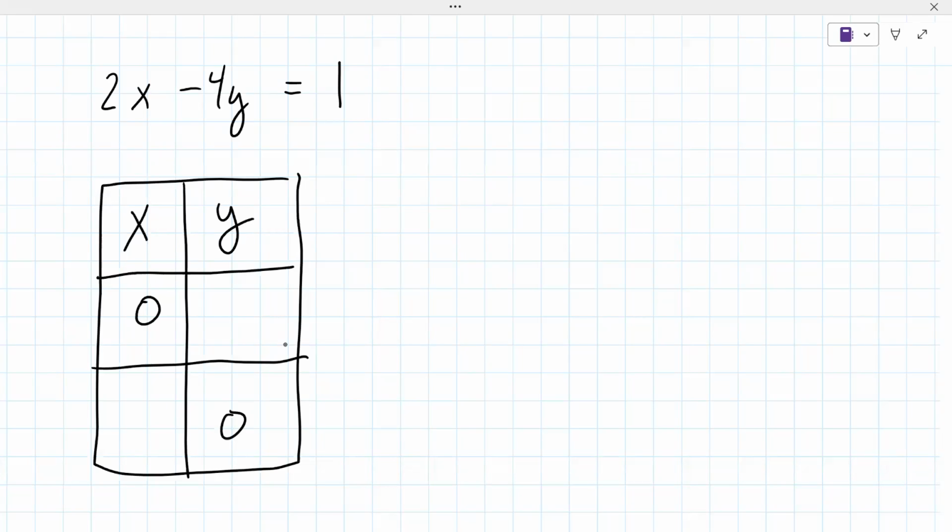Would it be 4, -4, and then 2? Okay, so my guess is you did not write 2 times 0 minus 4y equals 1, because you get minus 4y equals 1. Mm-hmm.